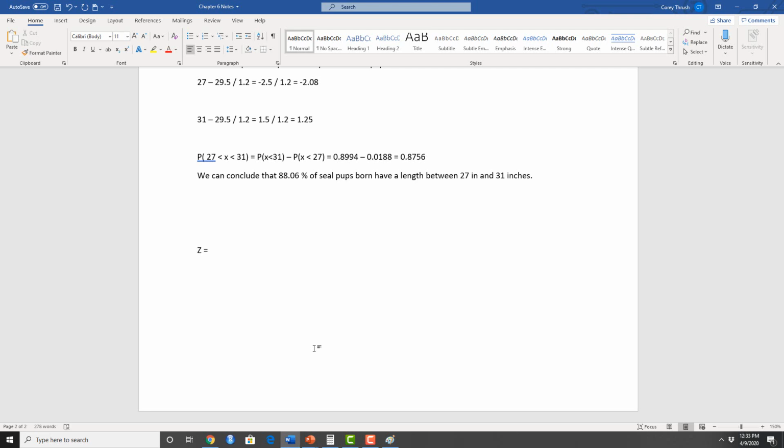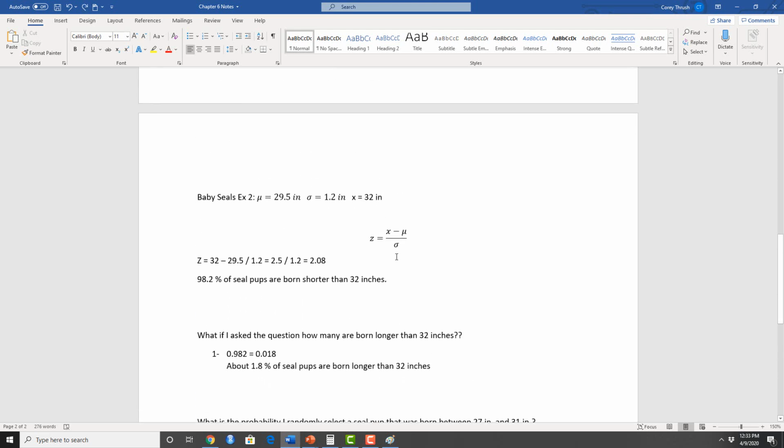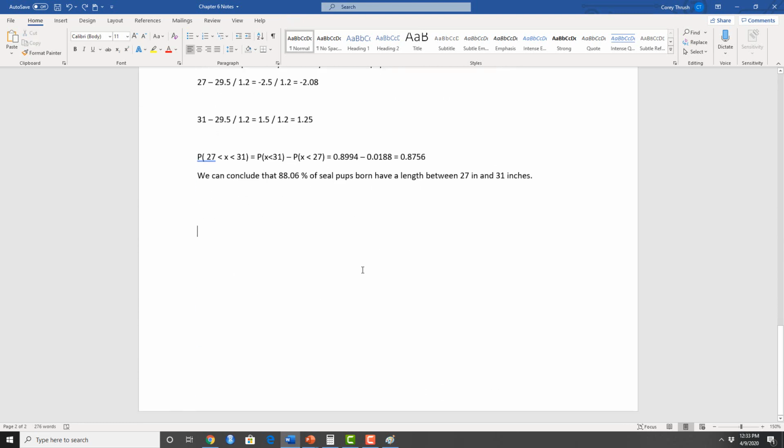So z equals, I'm just going to copy and paste this actually. Alright, so right here, we would multiply both sides by sigma.